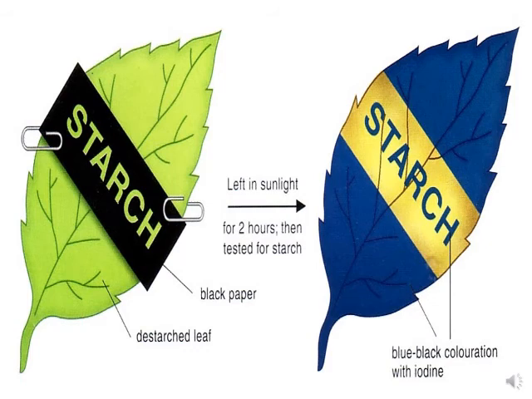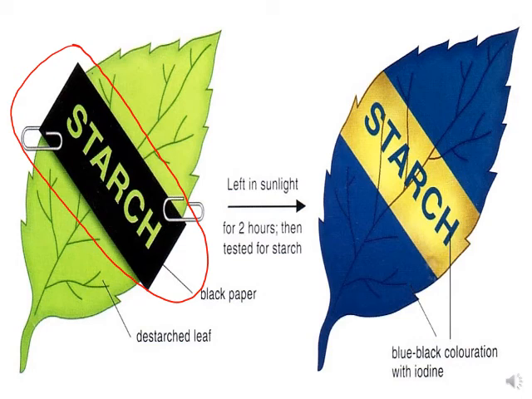So here we have two plants. One of them has a part covered by black paper. Then it's left in sunlight for 2 hours. Then we test for starch. The part that is covered by the black paper shows a yellow color with the iodine test.